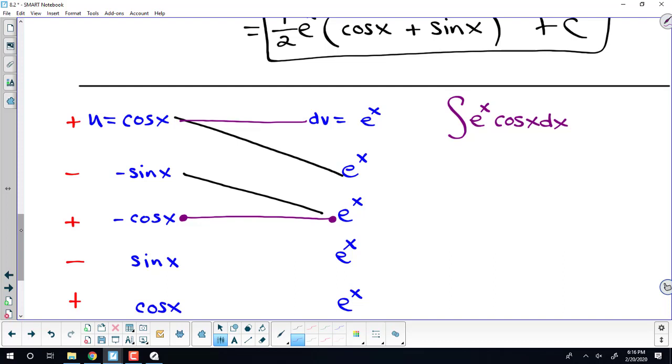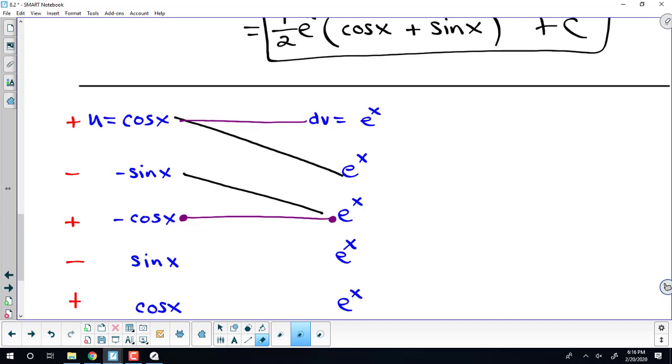So I need to move across, integrate that, combine like terms, and solve. Does that make sense? You're just looking for something past the first row that is the same product of the functions you started with.